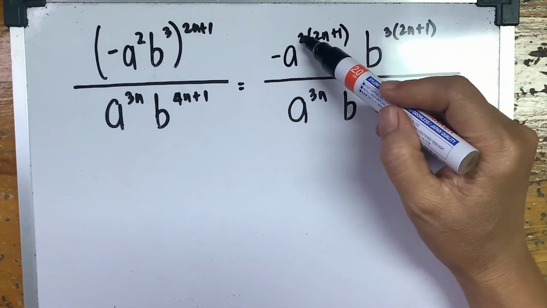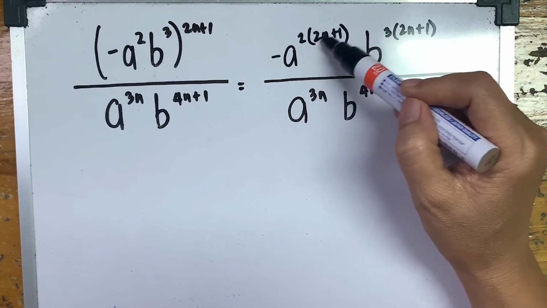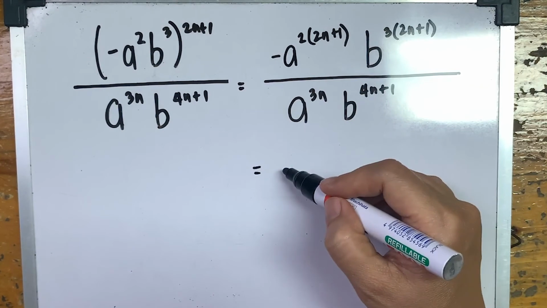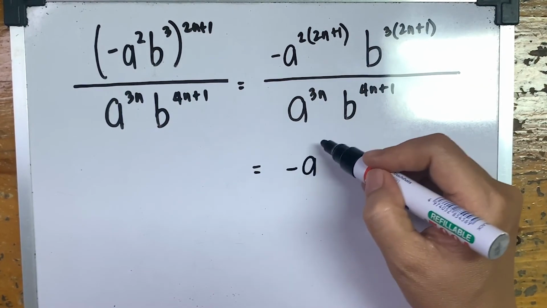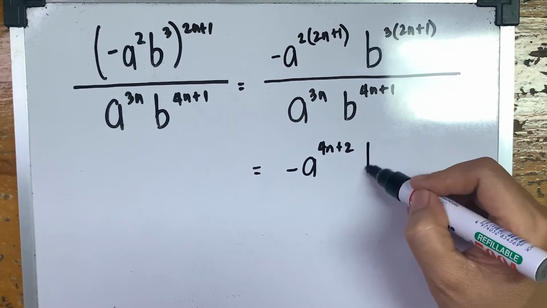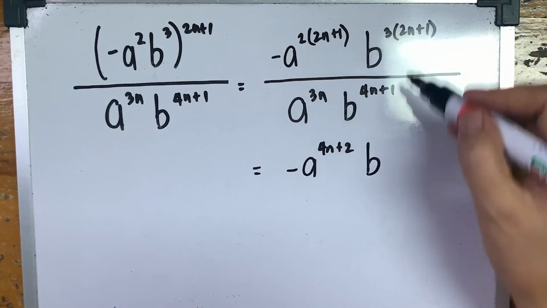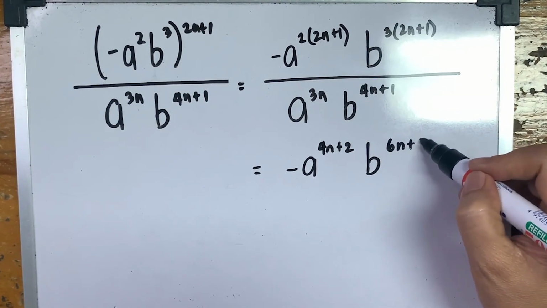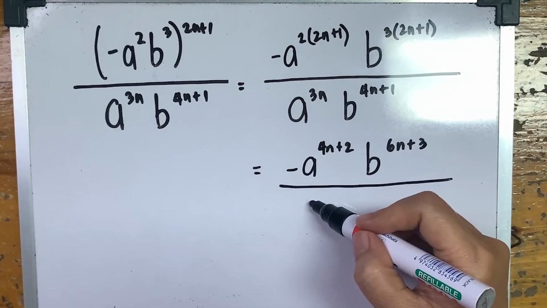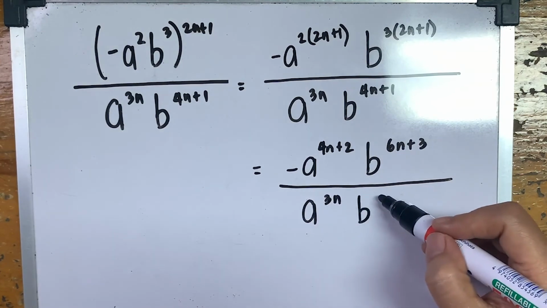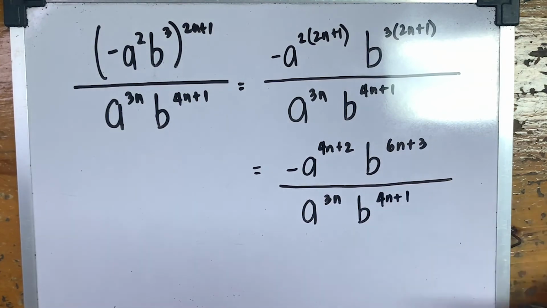Okay, let's first distribute 2 to each of the terms there. So this one will give us negative a raised to 4n plus 2 times b raised to, okay, we have to distribute it also, so 6n plus 3 all over a raised to 3n times b raised to 4n plus 1.